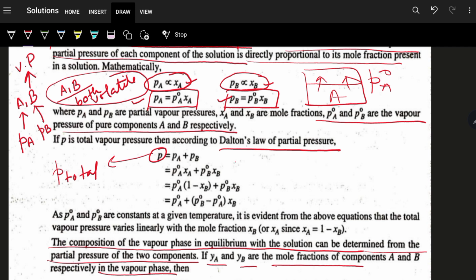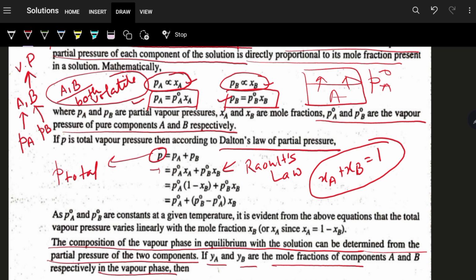And from Raoult's law, since PA is equal to PA naught into XA, we are just substituting the values and we get this expression. Now, XA plus XB is equal to 1 because it's a binary solution and we have only two components, A and B. It makes up the entire solution.